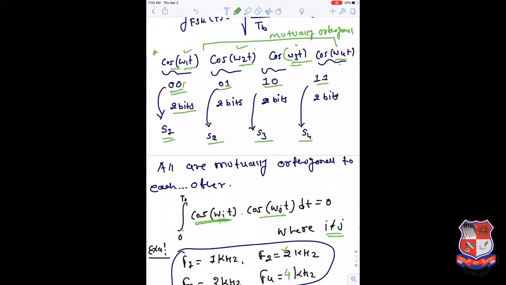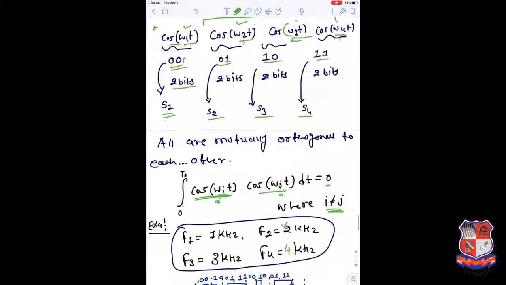In general, we can write the integration of any 2 cosine signals, cos omega i t into cos omega j t, where i and j are different, not the same, and it should produce 0. So omega 1 is orthogonal with omega 2, omega 3 and omega 4 carrier signals. The same holds for omega 2, omega 3 and omega 4.